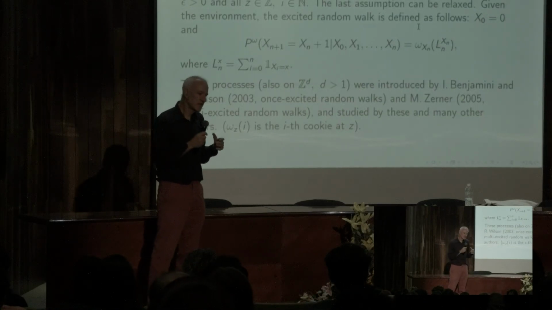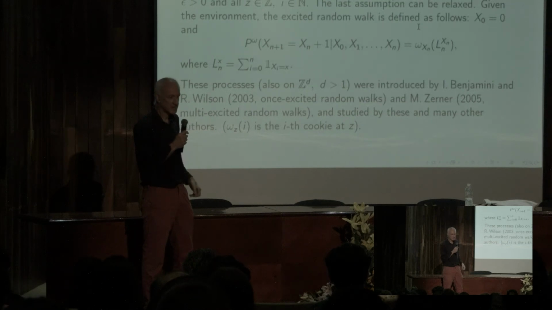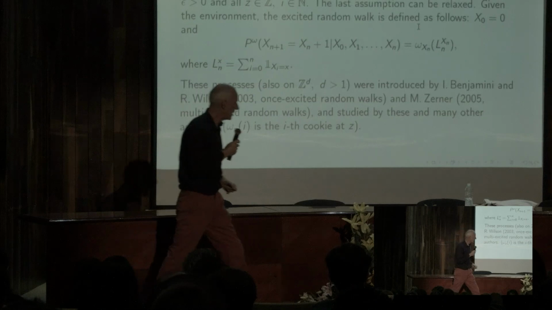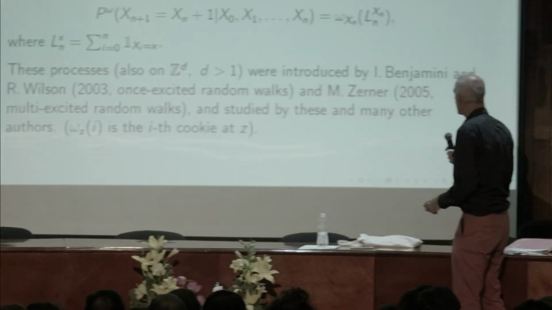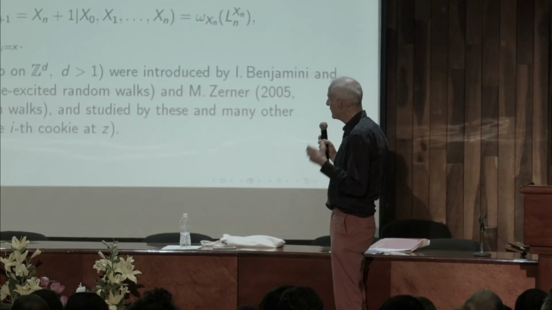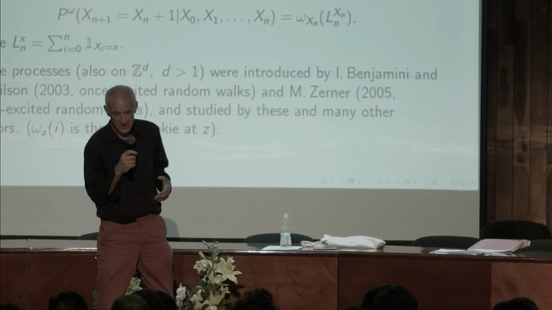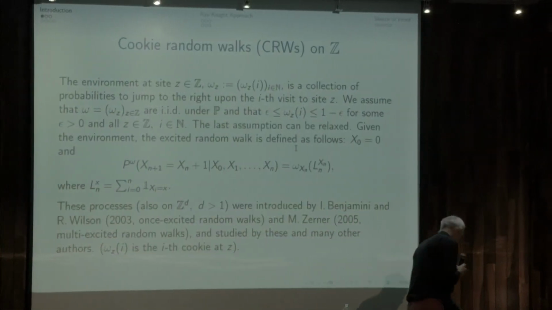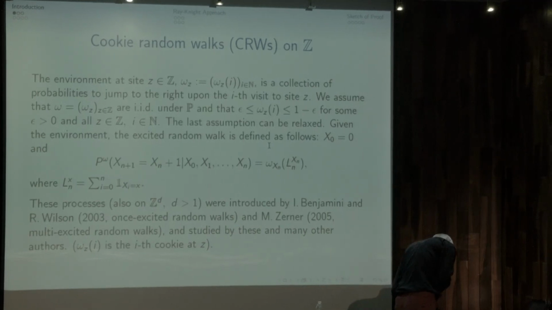It was then, I think, nailed down by Ramirez and Berra, and then Ramirez, Popov, Vashkovskaya, Menshkov, who gave a very wonderful proof of transience under very general conditions. But from now on, everything is going to be in one dimension. Okay?